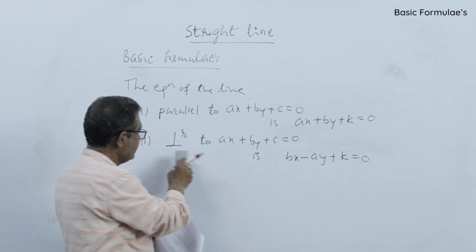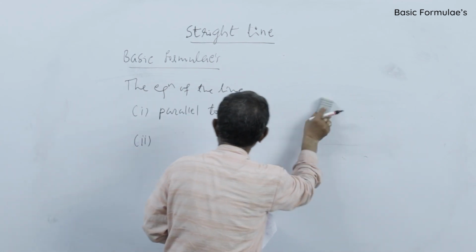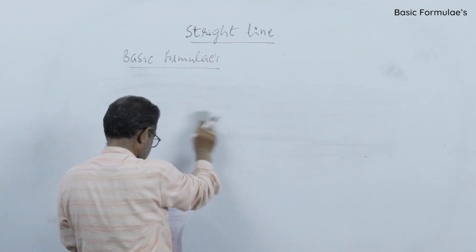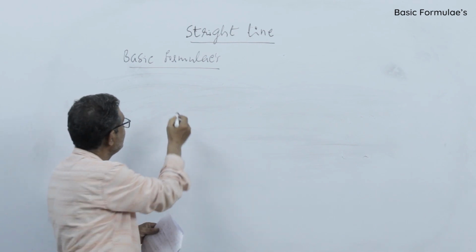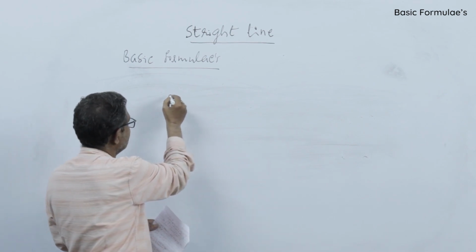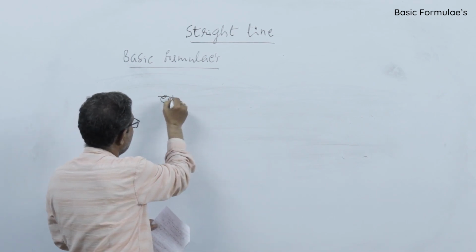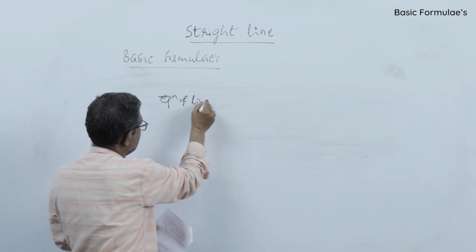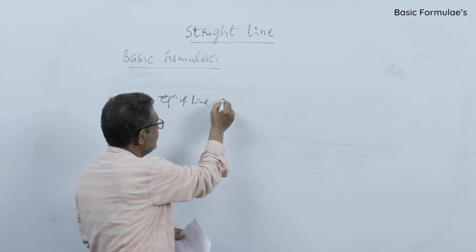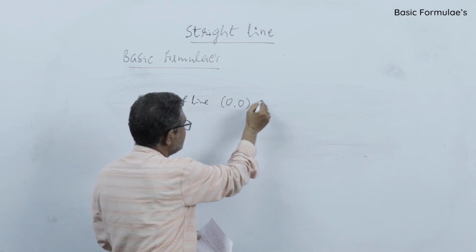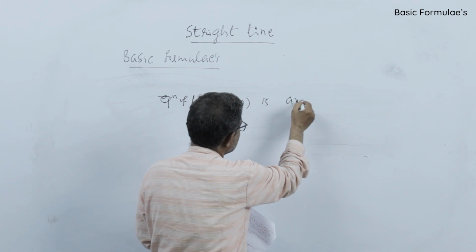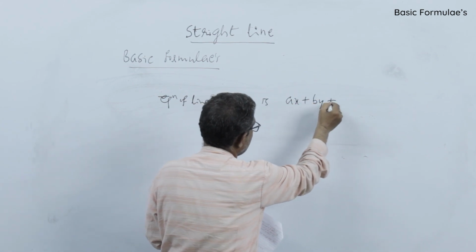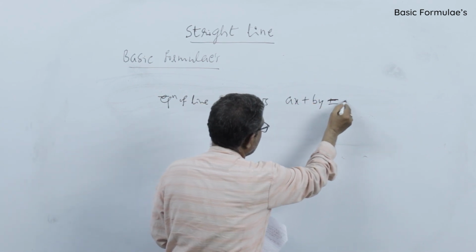Then next, the equation of the line that passes through the origin. The equation of a line passing through the origin, that is 0, 0, is Ax plus By equal to 0.